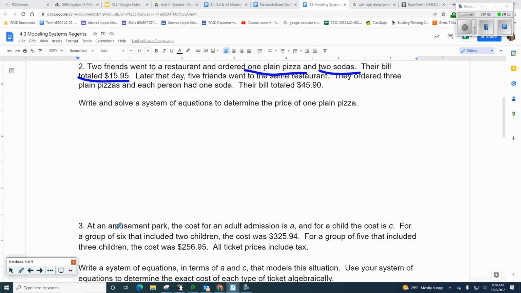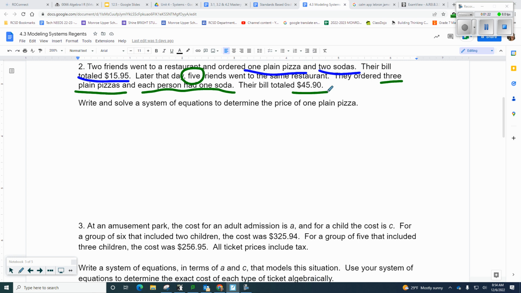And then 3 plain pizzas, and each person has 1 soda. And if I go back, I notice it was 5 friends that went the second time. So that's going to be 5 sodas, and that totals $45.90.